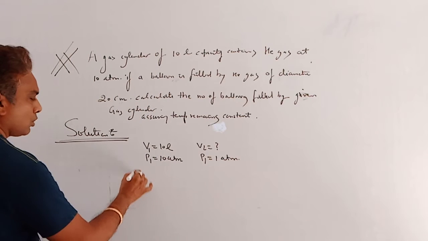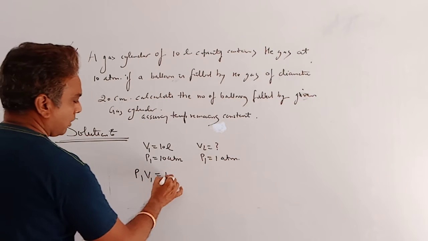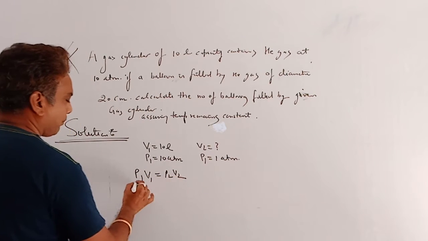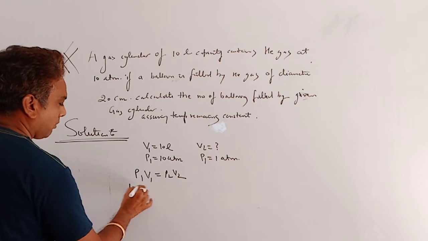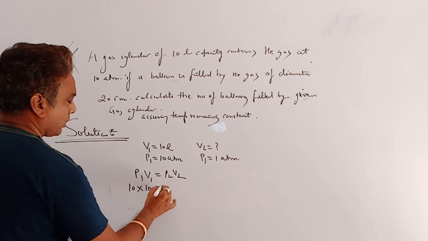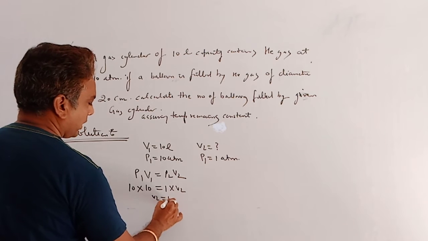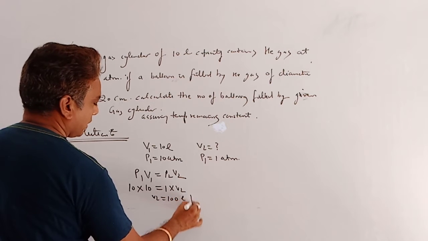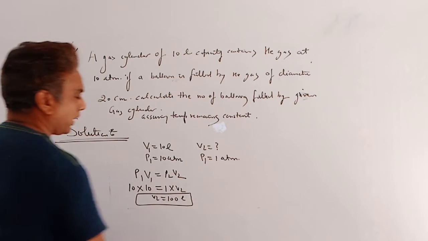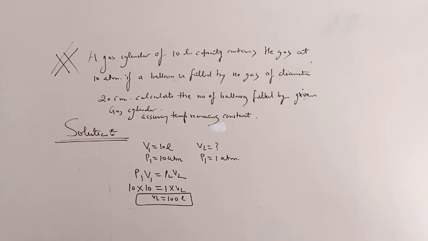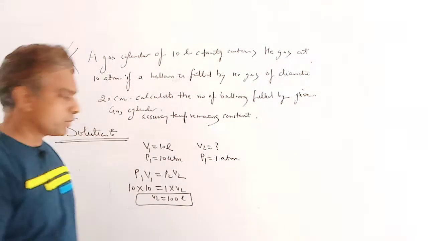Clear? So P1 V1 is equal to P2 V2. So here P1 is 10 multiplied by volume 10 liter, P2 will be 1 and V2, so V2 will be 100 liters. Clear? So here is the final volume when gas is leaked from the cylinder to the atmosphere.